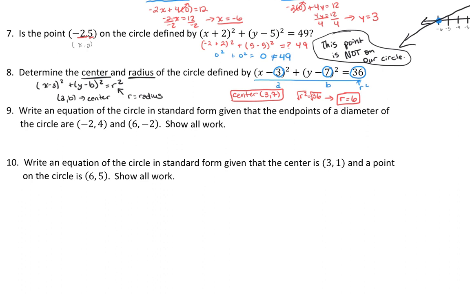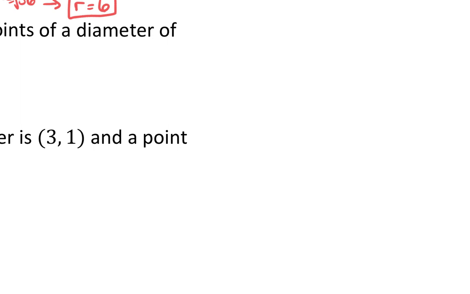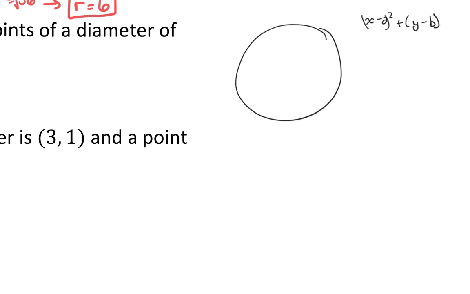Alrighty, our next question is asking, write an equation of the circle in standard form given that the endpoints of a diameter of the circle are those 2 points. So let's visualize this. We're given some circle, and we're trying to find our formula, which from the last problem should end up looking something like this, right?